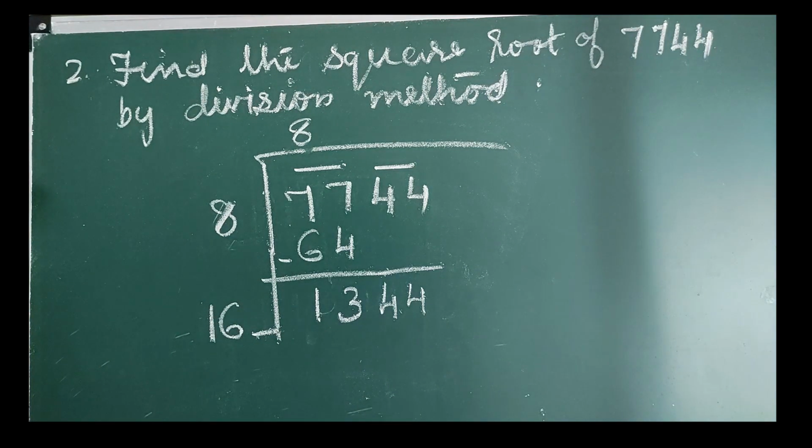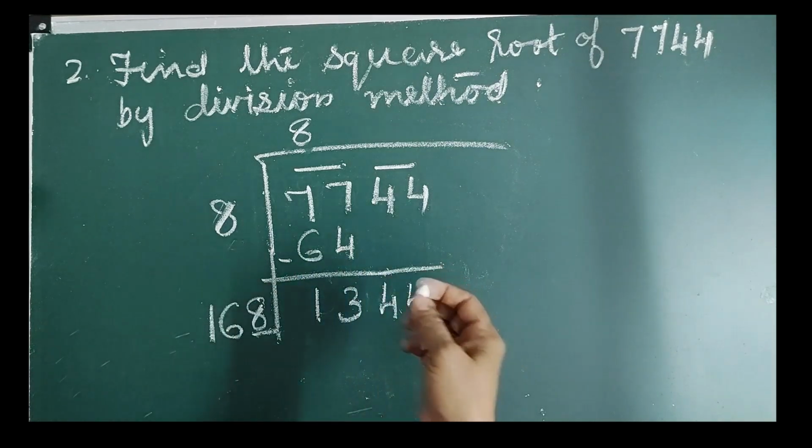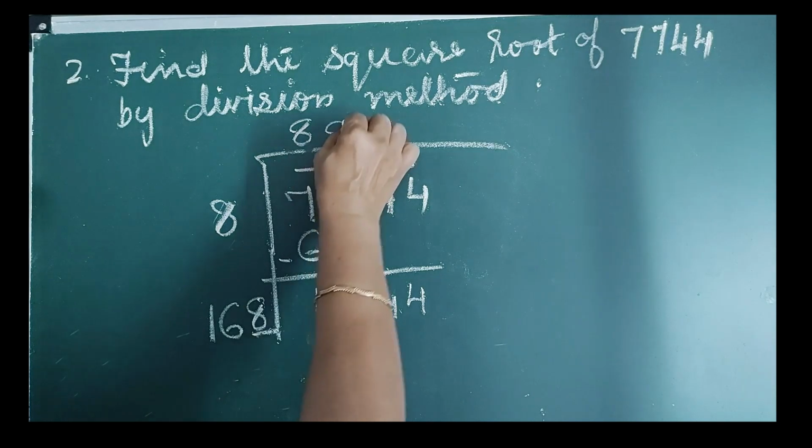Now the next step is guess a number, the largest possible digit to fill the blank which will also become the new digit in the quotient, such that when the new divisor is multiplied to the new quotient, the product is less than or equal to the dividend. So here we can guess a number that is 8. At the same time, the quotient also 8.